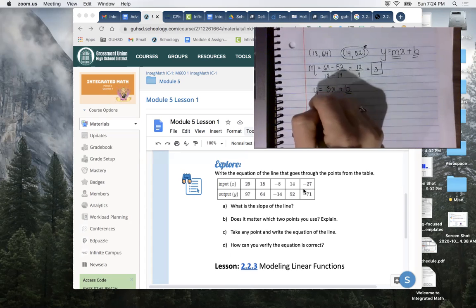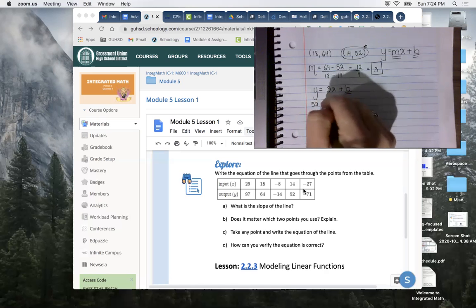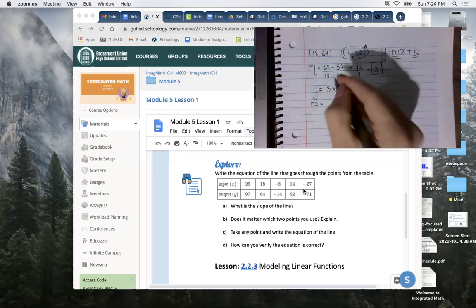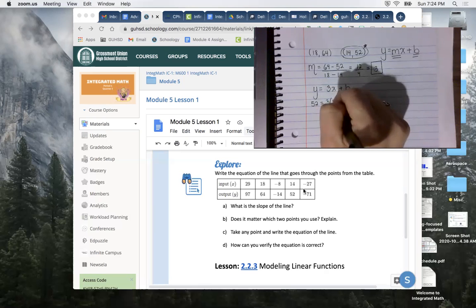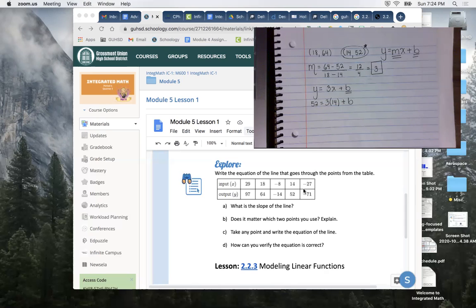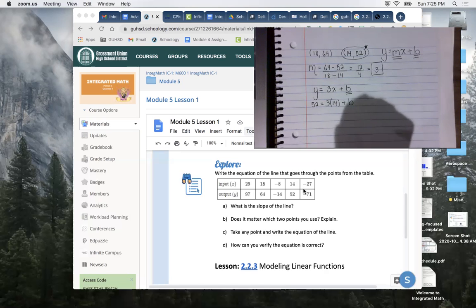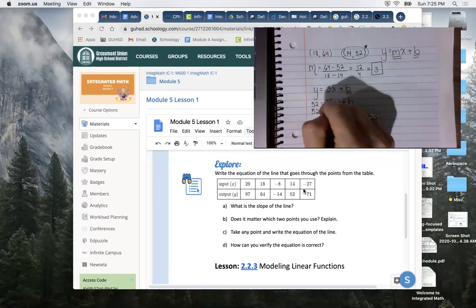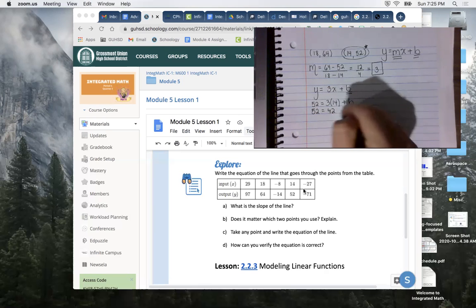So I have 52 is equal to 3 times 14 plus b. 14 plus 14 is 28, plus 14 more would be 42. So what I really have is 52 equals 42 plus b.